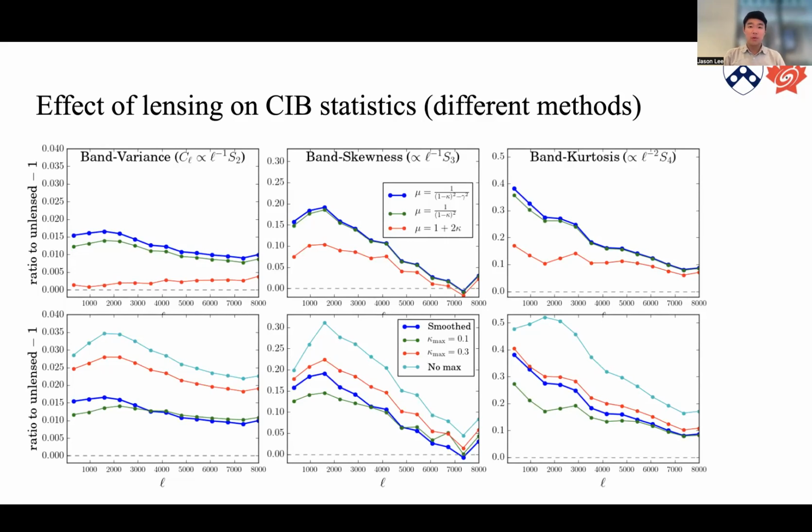Again, the blue bold is our default version, smoothed by a pixel-sized beam. In the red and the green, you can see what happens if we set a hard kappa max of 0.1 or 0.3. And also in teal, you can see how the statistics change if we do not treat the kappa map in any way.